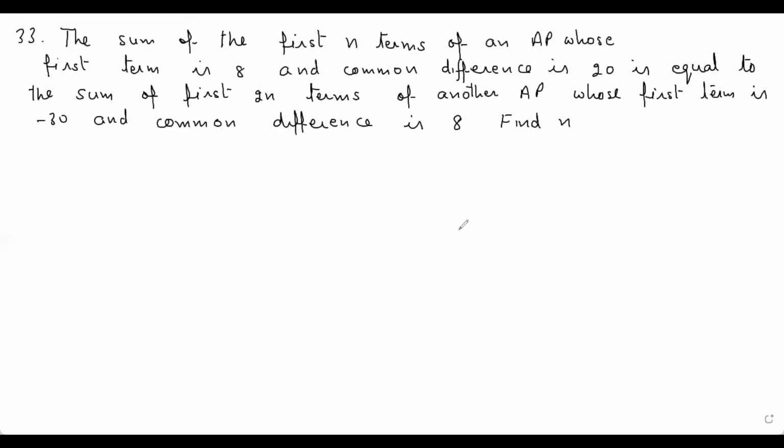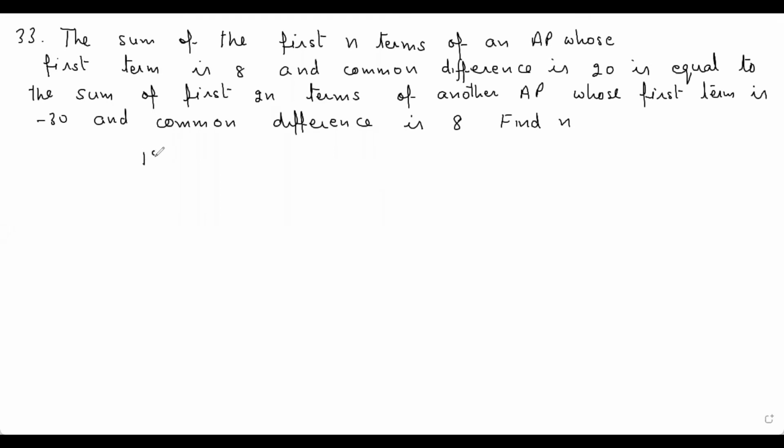Now the 33rd question is: the sum of the first n terms of an AP, whose first term is 8 and common difference is 20, is equal to the sum of the first 2n terms of another AP whose first term is minus 30 and common difference is 8. Find n. Now there are 2 APs.